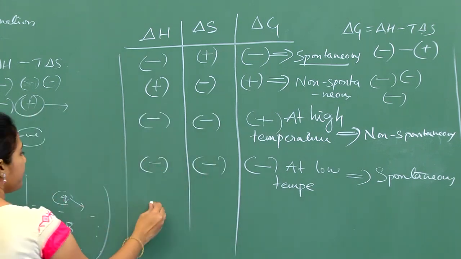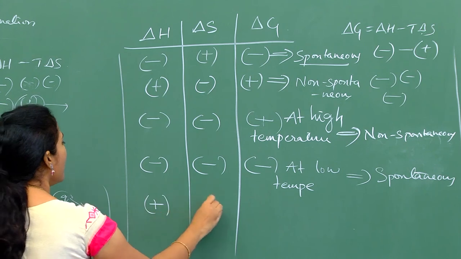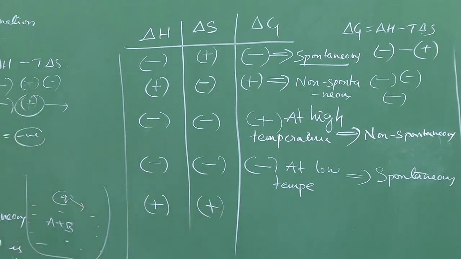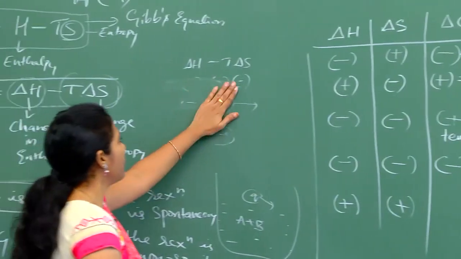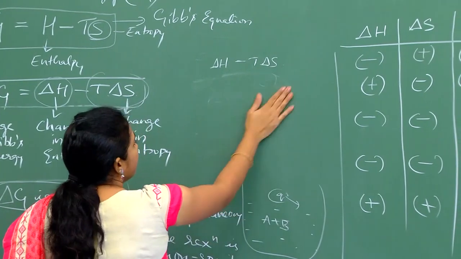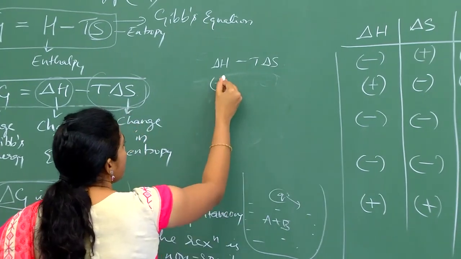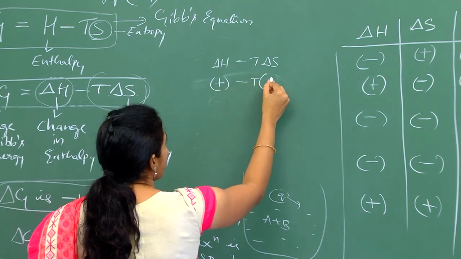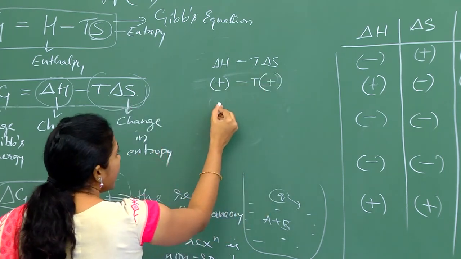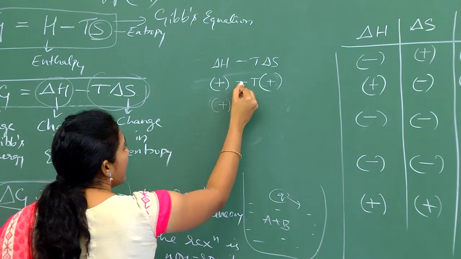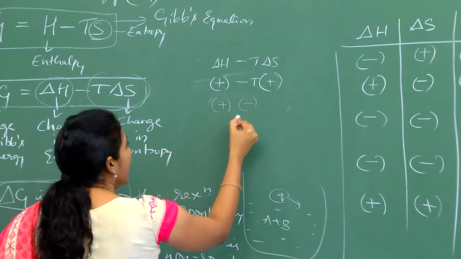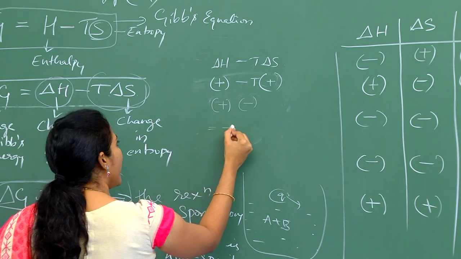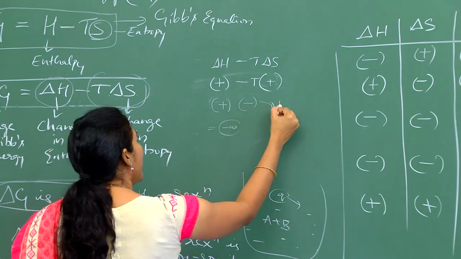And now, if both the values are positive, what will happen? See, delta H is positive and T delta S is also positive. So what do you get, guys? Plus, minus into plus, minus. If you want to get a negative value, this must be higher, no?